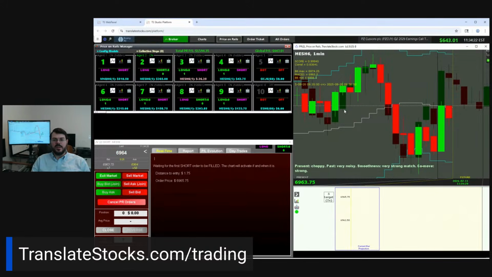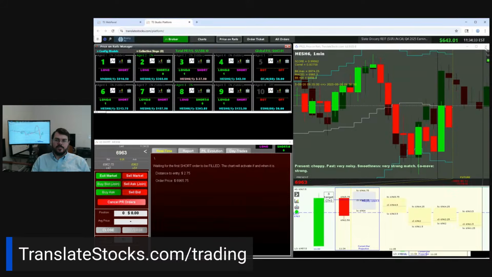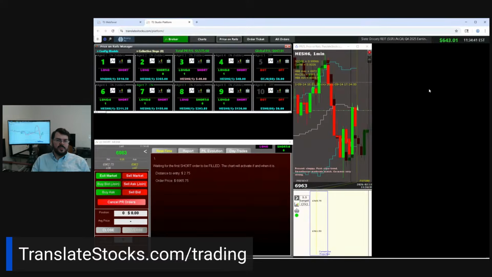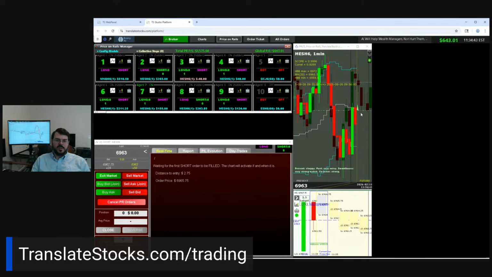These dotted lines here are your orders. If you have a live order, you have that line with the arrow. Let me show the other one we have here, this one. When you have this line moving with an arrow, the green arrow is a long position and the red arrow is a short position.